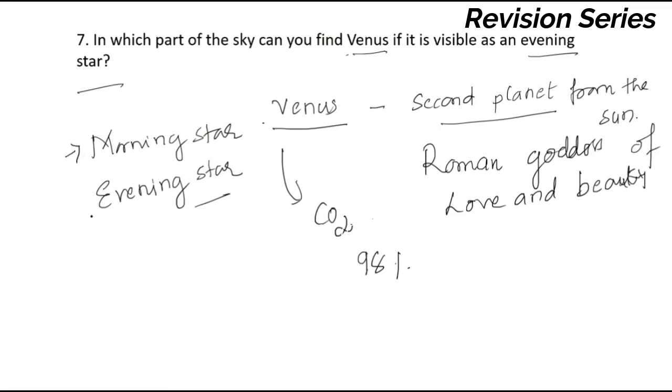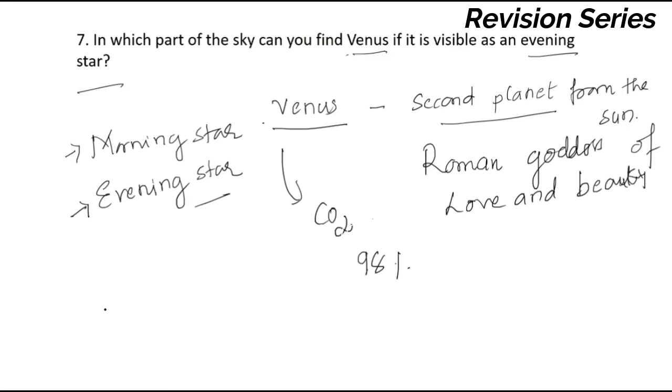When it appears in the morning, the bright star Venus is called morning star, and if it appears in the evening, that same Venus star is called evening star, right? Now the question is, in which part of the sky can you find Venus if it is visible as an evening star, right? Now let me tell you the logic behind this question.